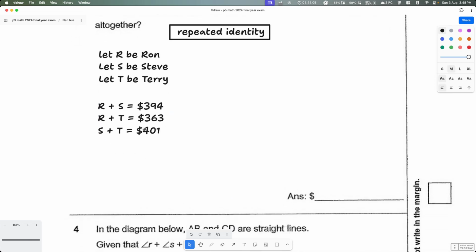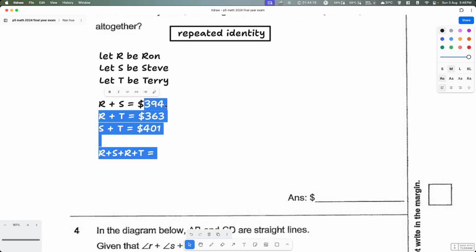Okay, so from here, what we can do is combine R plus S plus R plus T, which is equal to 394 plus 363. Am I right?